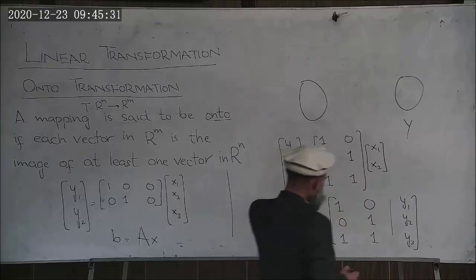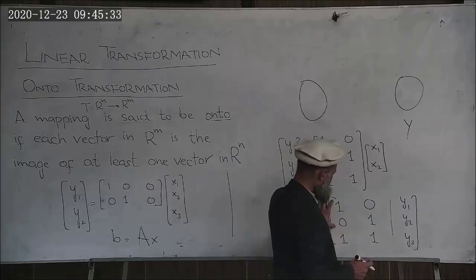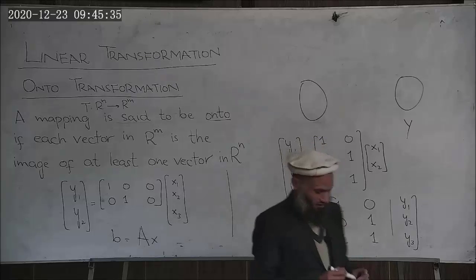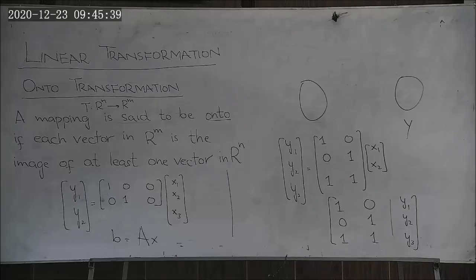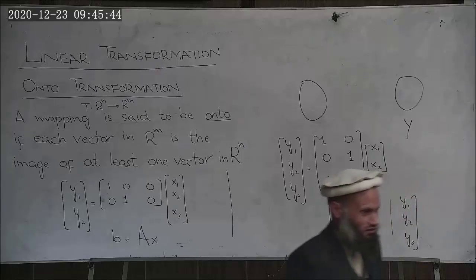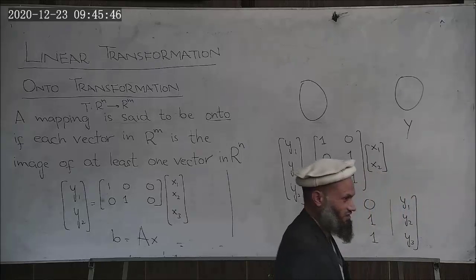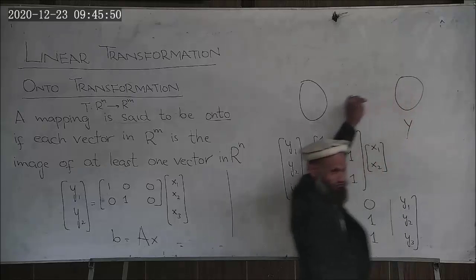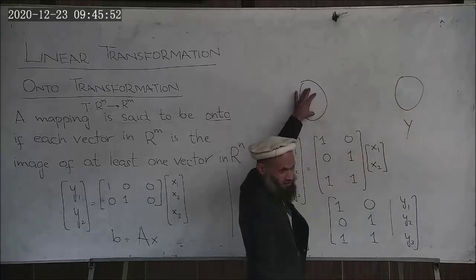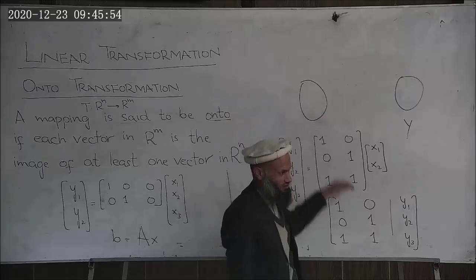It can be easily reduced into echelon form, and we can see that a solution will not always exist. So it means that there are certain vectors in this space which are not images of vectors in this space.